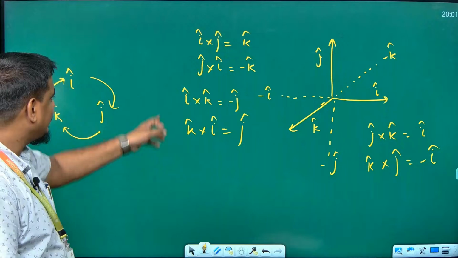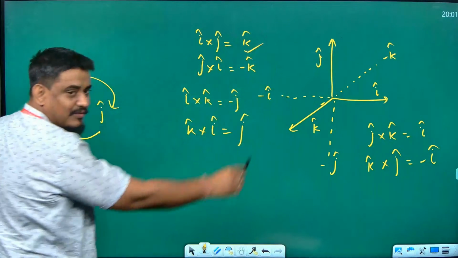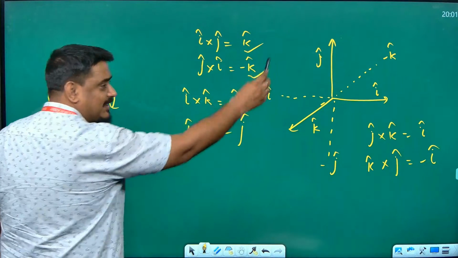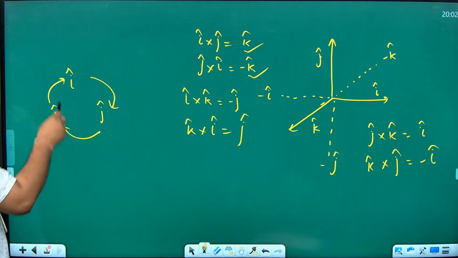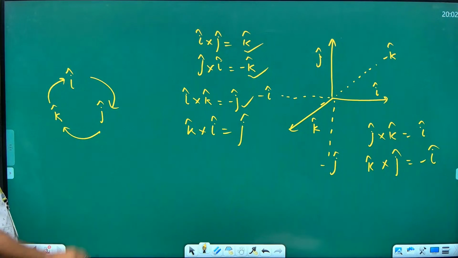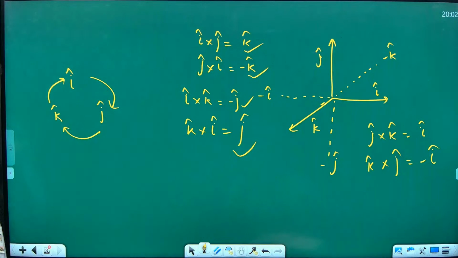See, verify that. I cross J is K. Verified. J cross I is minus K. Verified. I cross K is minus J. Verified. K cross I is J. Verified.